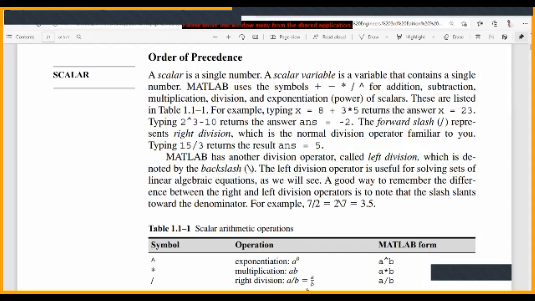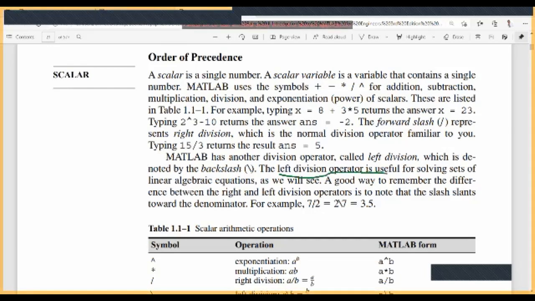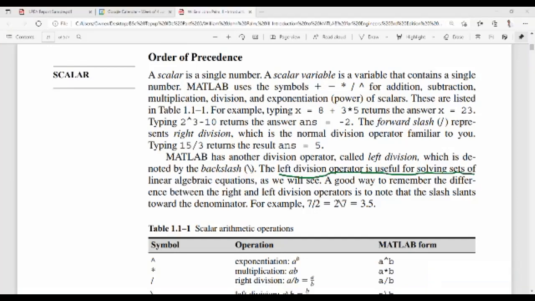The backslash is another division that MATLAB has, which is the left division. I hope you're okay with the difference. The left division operator is useful for solving sets of linear algebra equations. If you are solving some set of linear algebra equations, then you can use the backslash sign.